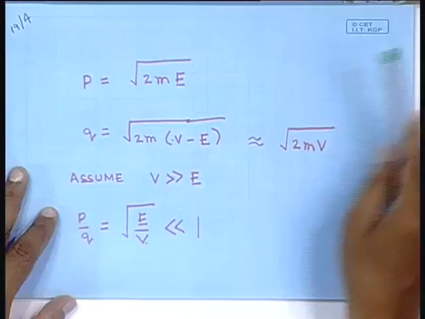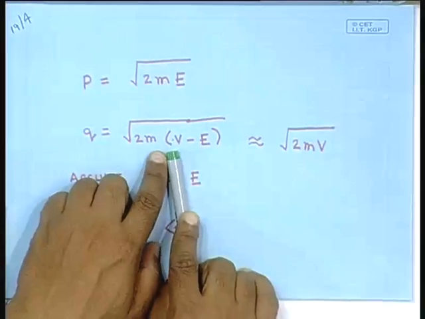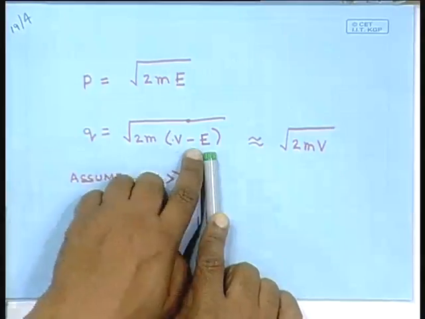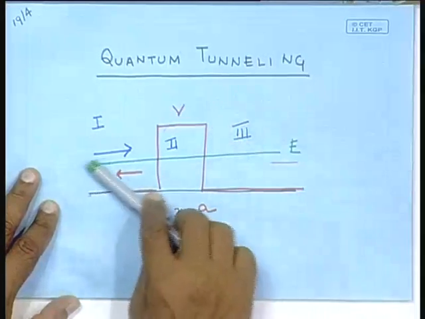Now, we had also made an assumption. The assumption which we had made was that the potential is much higher than the energy of the particle. So, we had made this assumption that the height of this potential is much larger than the energy of the particle.